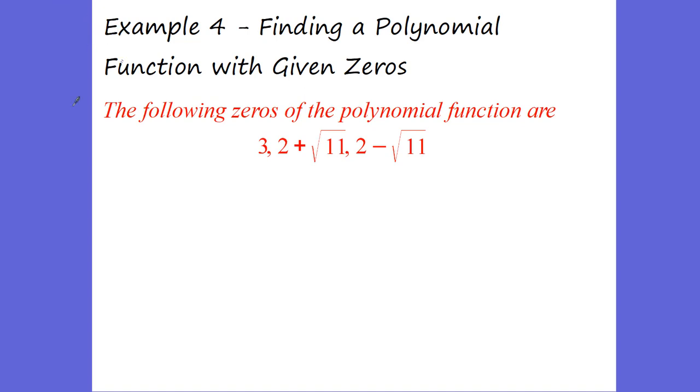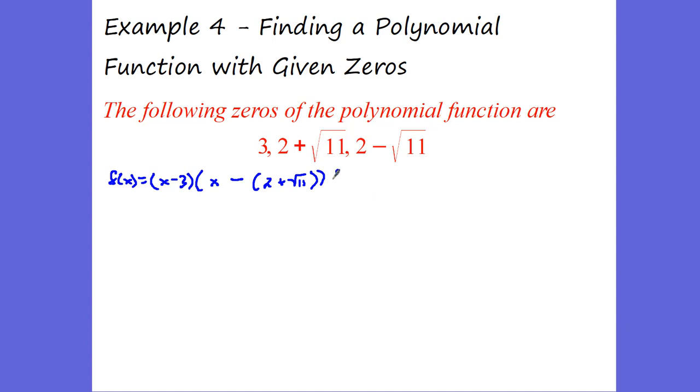Okay, I'm going to show you a little bit more complicated one where there's a radical involved. We have 2 plus square root of 11, 2 minus square root of 11. And so what do we know is our function is going to be x minus 3, because that's a positive 3 is my 0. We have x minus, and in parentheses, we have 2 plus square root 11.